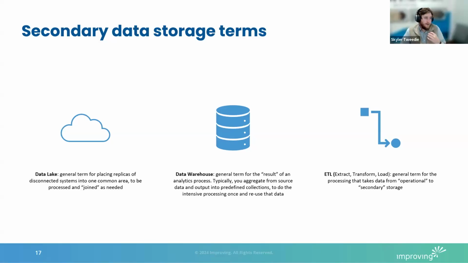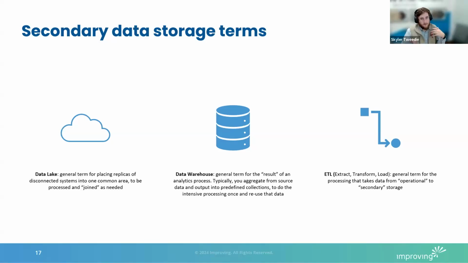A data warehouse is a general term for the results of an analytics process. I'm going to go through specifically what I mean when I say the result later, but it's just after you transform the data, after you process the data, after you aggregate the data, you're going to be putting it somewhere else. And the whole point of a data warehouse is that aggregating data, especially when you're crunching numbers of, say, 10 million transactions, is a very expensive process.